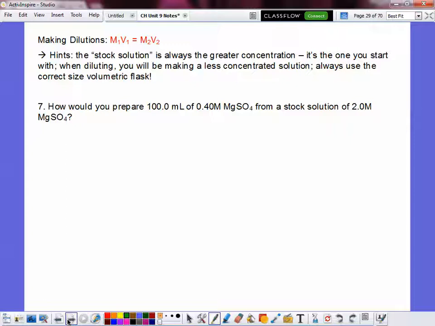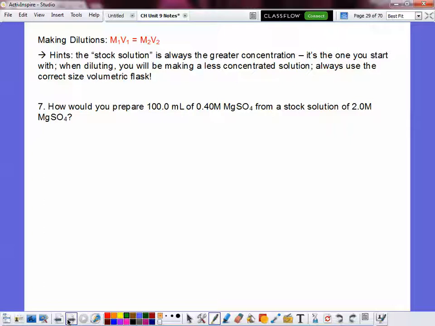All right. So the formula we're going to use is M1V1 equals M2V2. It's similar to some of those gas laws we used, but M stands for molarity. Those big M's stand for molarity, and V stands for volume. A big hint that will make your lives a lot easier with this formula is to set M1 to be your greater concentration.